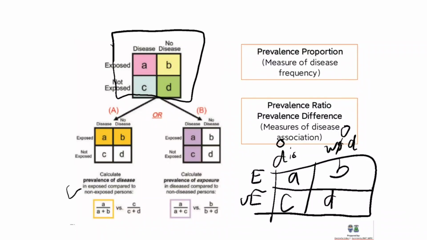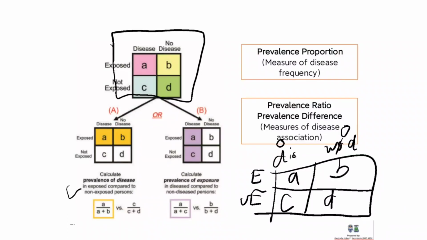A over A plus B. Versus C over C plus D. So, dito naman, yung numerator mo will be yung with the disease pero not exposed, and then ang denominator mo would be C plus D. So, yung mga not exposed na may disease tsaka without the disease outcome. That is the prevalence of disease.